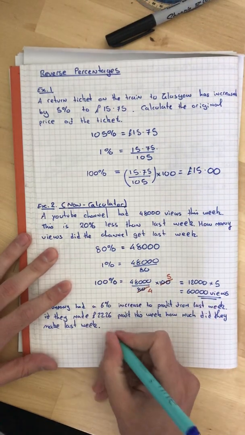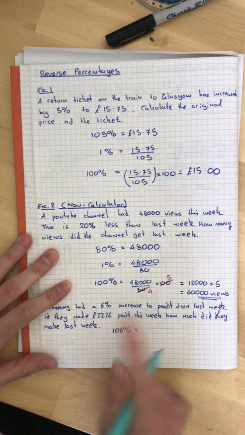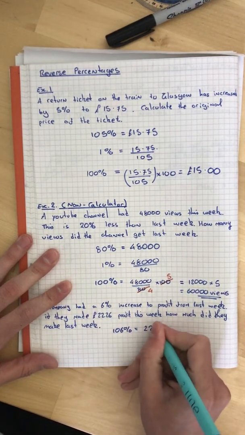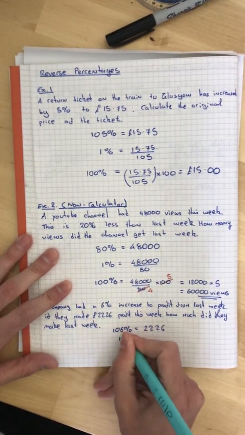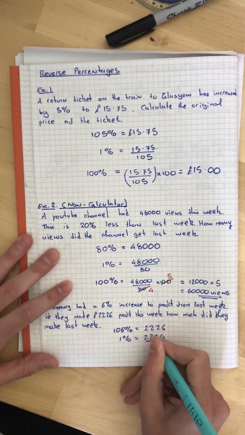So we're starting with 106% will equal 2,226. So 1% will be 2,226 divided by 106.